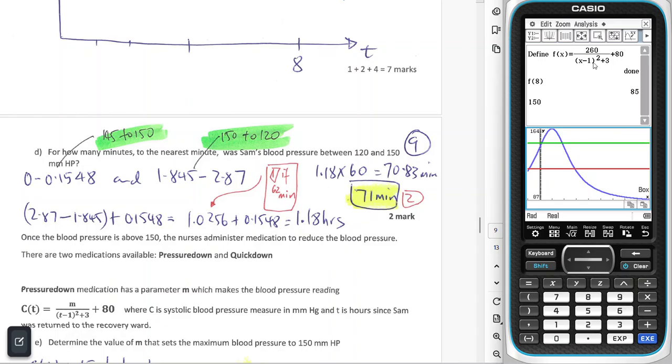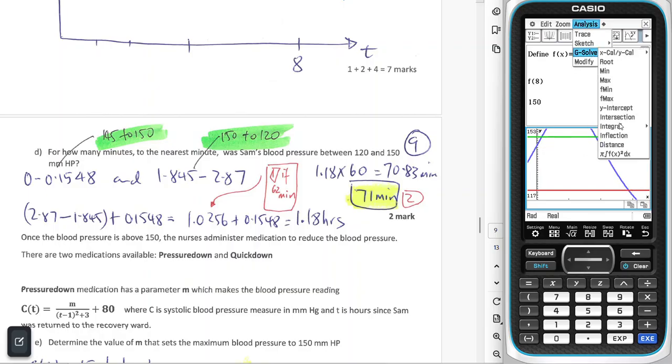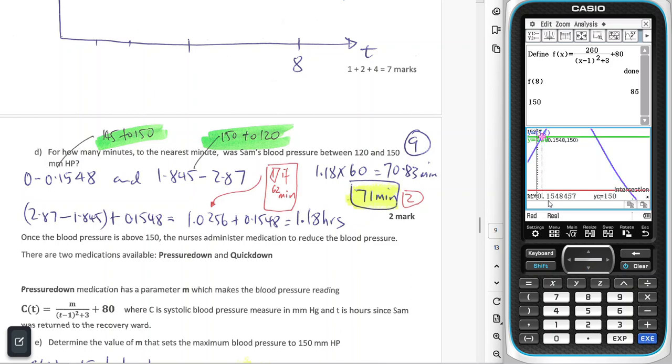So I can see that it'll be between 120 and 150, a little bit at the start and a bit at the end. So if I go analysis, G-solve, intersection between the curve, yes, and the green one, yes, is at 0.0148. So from 0 to 0.148, it's going to go from 145 to 150.